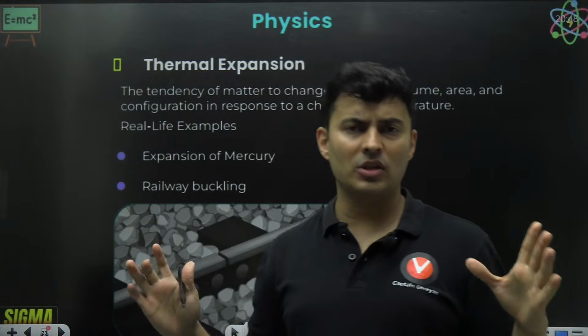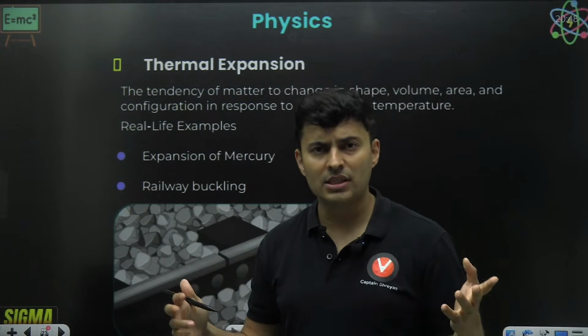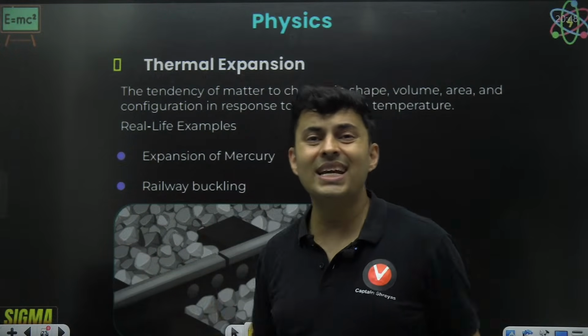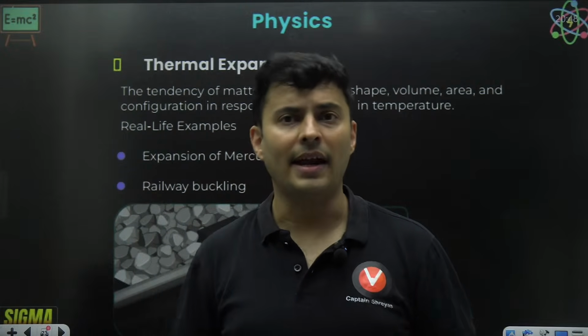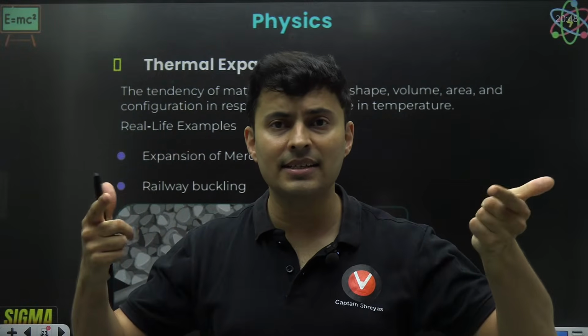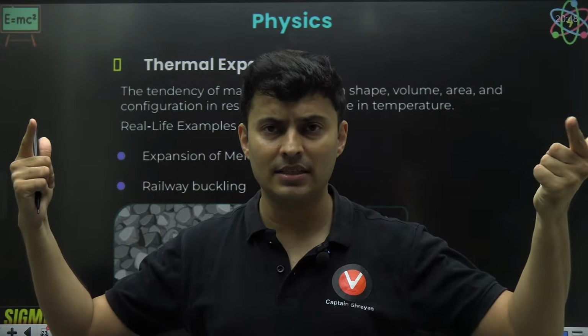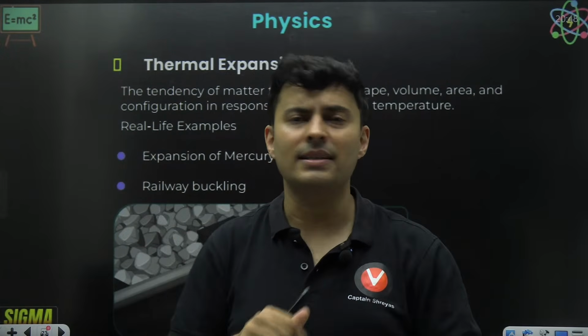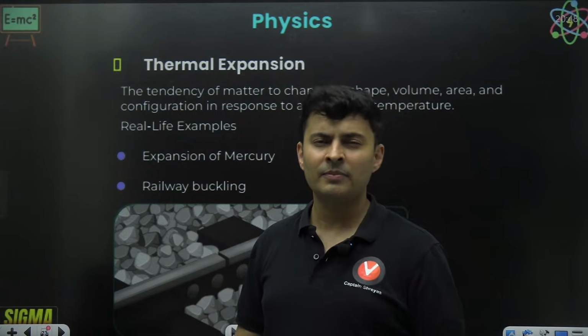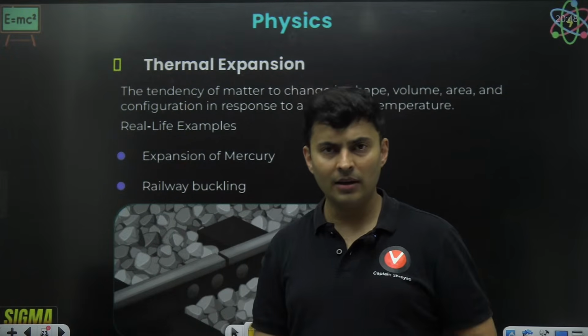Most solids, liquids or gases expand when you heat them and contract when you cool them. So the size increases when temperature increases, and decreases when the temperature decreases. A simple relationship.